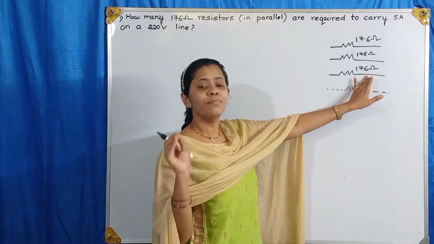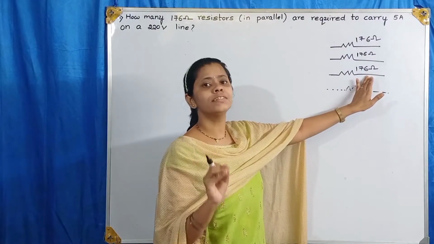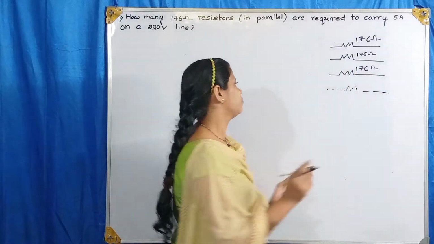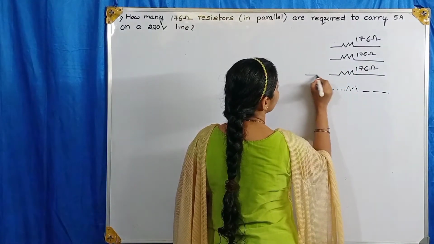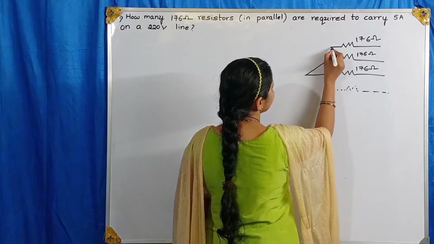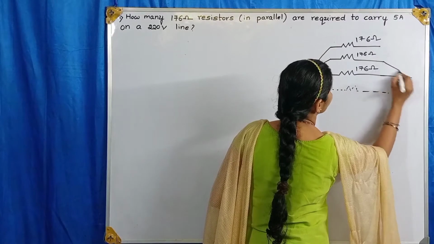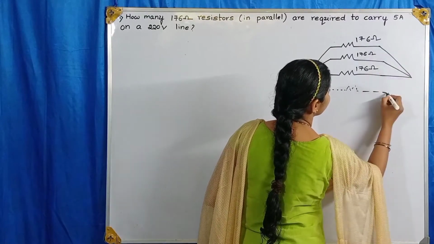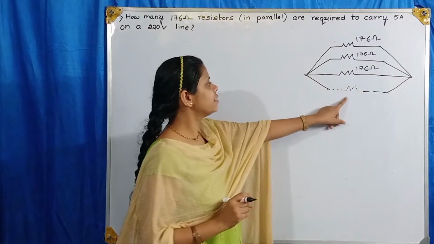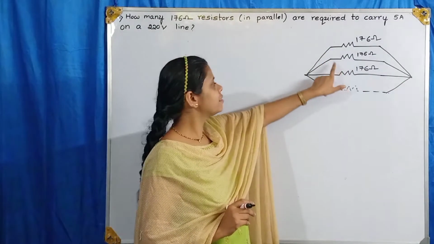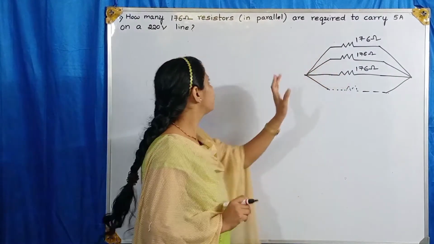Listen carefully, but we don't know the number of resistors used in a circuit. Let me connect them in parallel. We have connected n number of resistors in parallel.